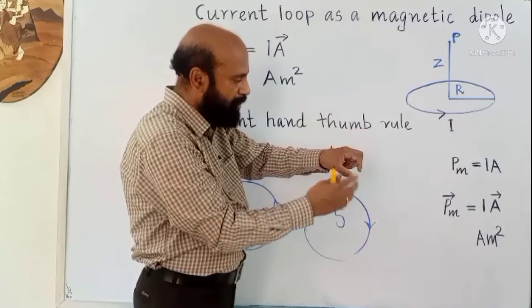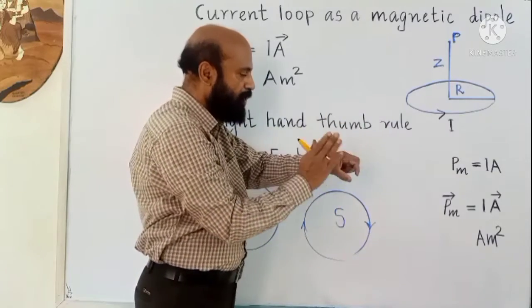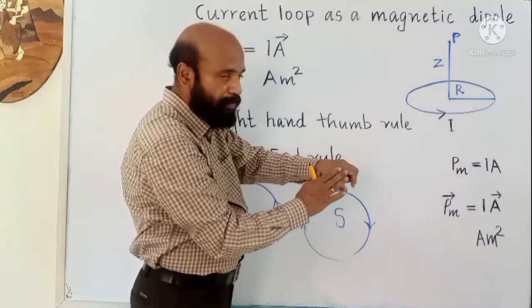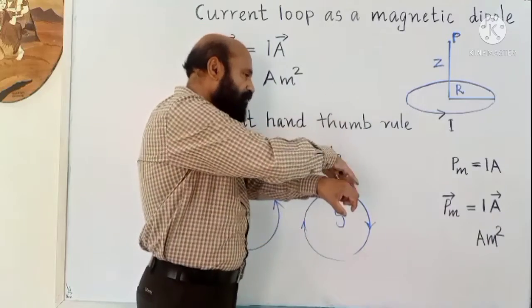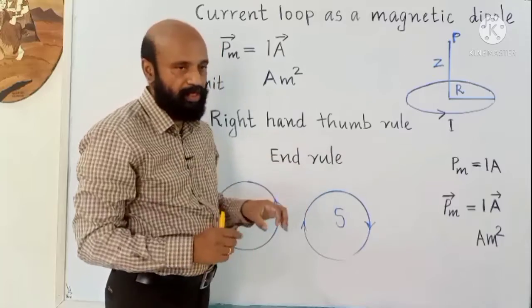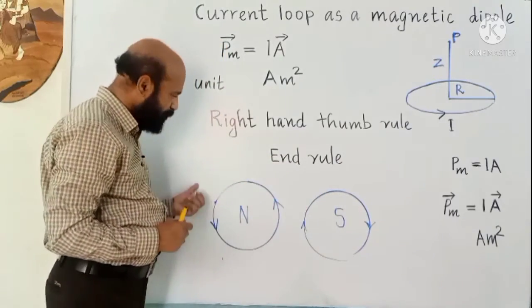If you look from this side, current is clockwise. If you look from the other side, current is anti-clockwise. So this end will be south pole. If current is clockwise when you look from this side, it will be south pole. Then when we see from the other side, current will be anti-clockwise, so that end will be north pole. A single coil will behave like a magnetic dipole.